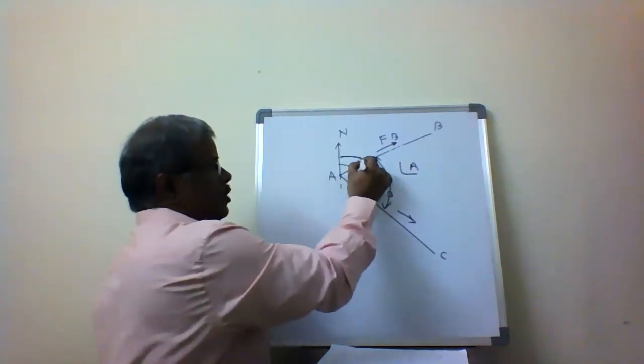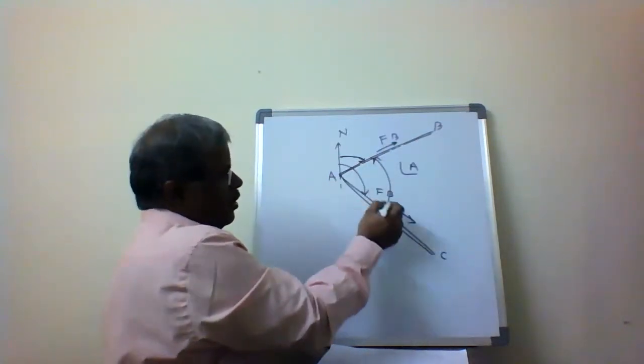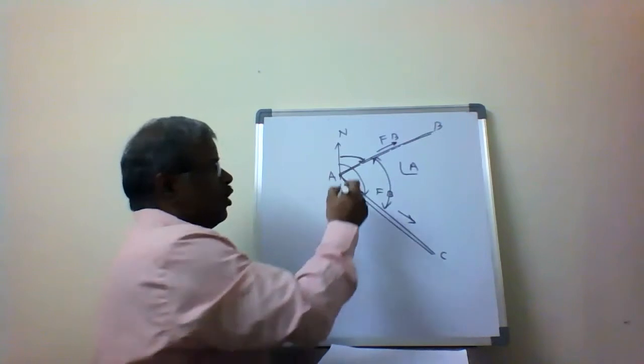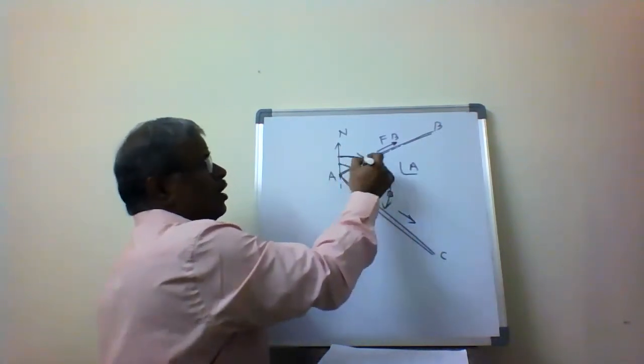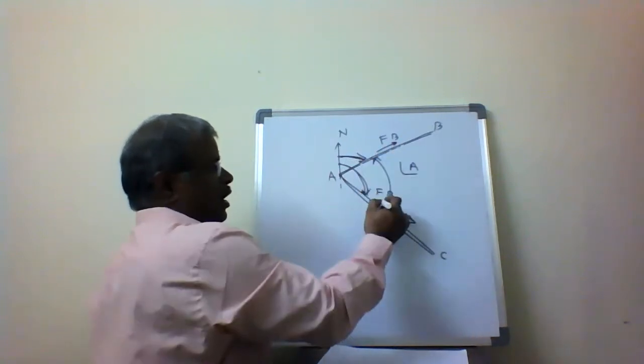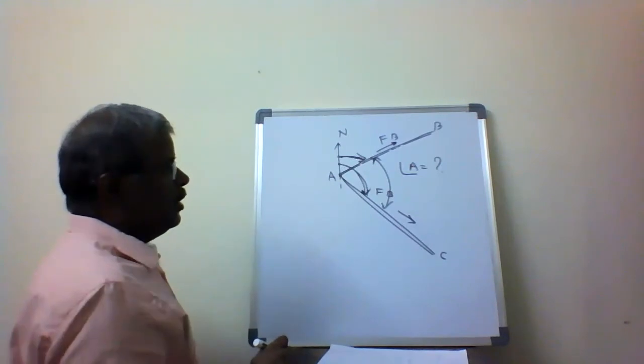So the forward bearing of line A to B and the forward bearing of line A to C are given. Now I have to calculate what the angle A is.